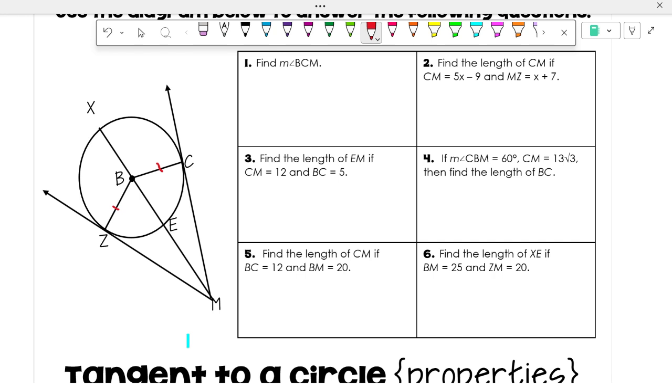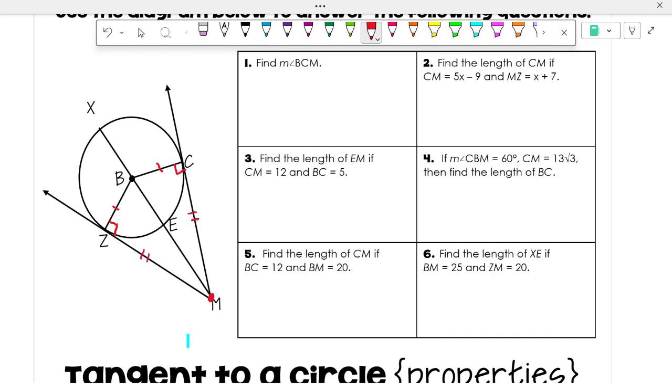Now, we know that MC is a tangent line, so the point of tangency is point C. So what is BC to MC? They're what to each other? Perpendicular. So they form a right angle. The same thing would be for BZ and MZ. Now, since MZ and MC intersect at point M, that means that MZ and MC are what?